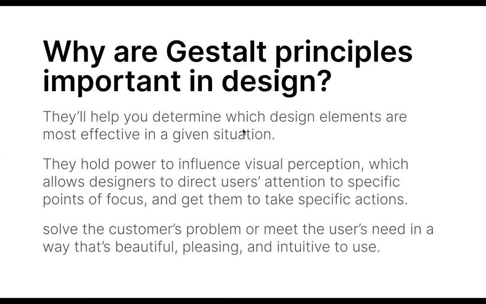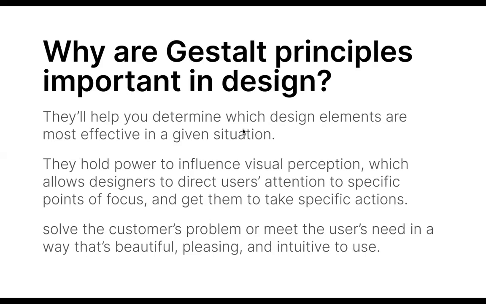I think I've already explained this. So Gestalt principles will determine which design elements are most effective in a given situation. They can influence our perception, our attention, our experience.